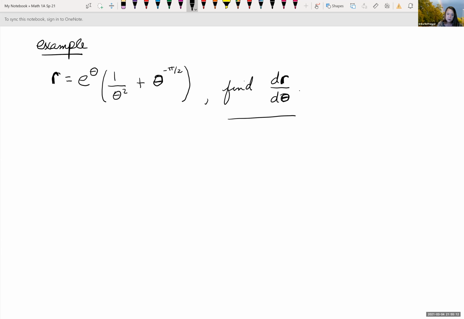I noticed there are a couple of different things I can do in order to take the derivative. If I just took the derivative of how it is written right now, I'd have to use multiple rules. I would have to use the product rule. Within the product rule, in my second function, that first term, without rewriting it, I would have to use the quotient rule.